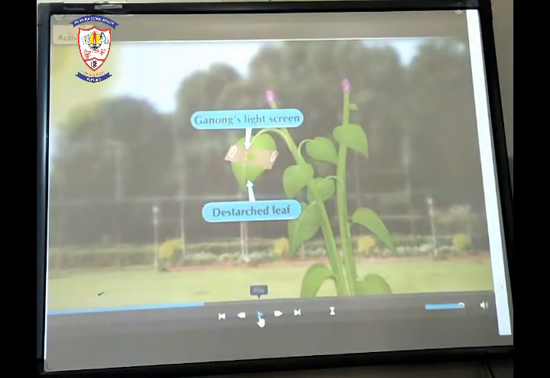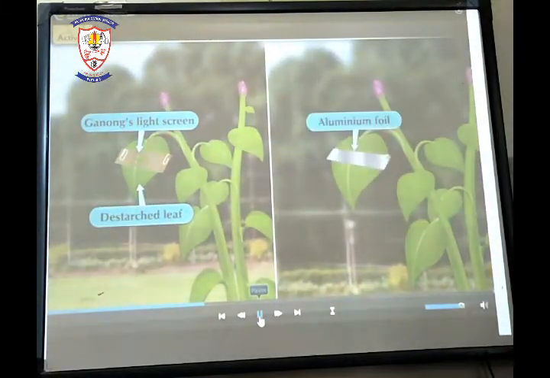If the Ganong's light screen is not available, then we can use some opaque black paper or aluminium foil and cover the leaf, and we have to keep this aluminum foil tightly with the help of a paper clip.